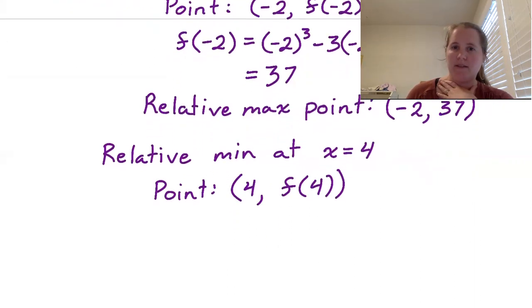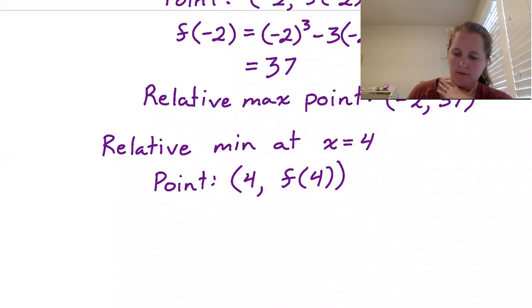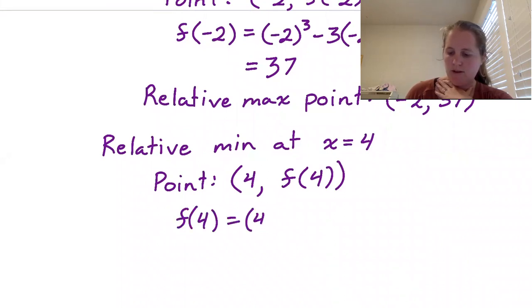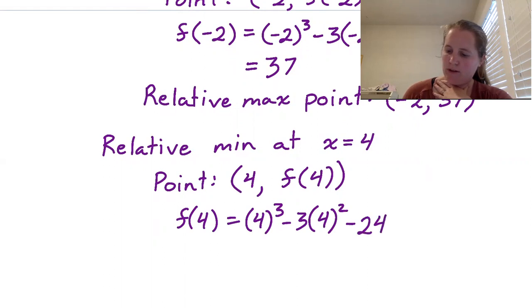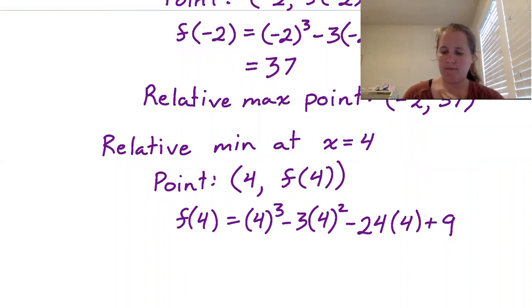If we plug this in, we are looking at f of 4 would be 4 cubed minus 3 times 4 squared minus 24 times 4 plus 9, or 64 minus 48 minus 96 plus 9.